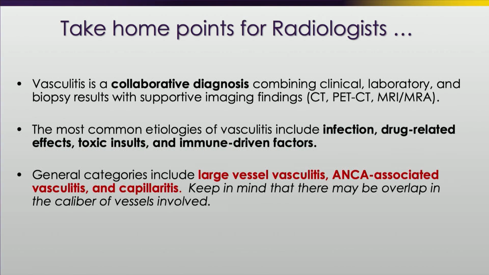The general categories of vasculitis we should keep in mind are large vessel vasculitis, ANCA-associated vasculitis, and capillaritis syndromes. And please keep in mind that there can be overlap in the caliber of vessels involved. In other words, I showed you cases of large vessel vasculitis that also impacted medium-sized vessels, right? I showed you some ANCA-associated cases that not only infected medium-sized vessels, but also the capillaries.